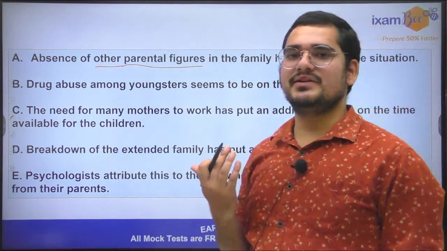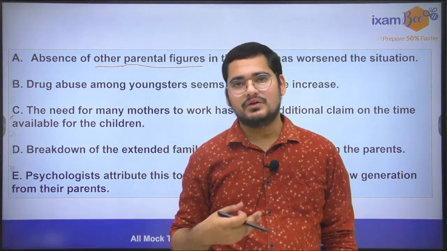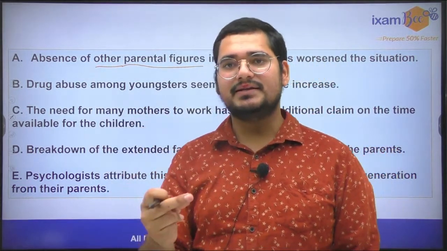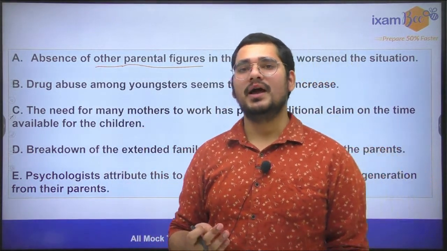क्योंकि जो parental figures हैं, जो बाकी parental figures हैं, like apart from your father and mother, जो बाकी parental figures हैं, जिनको आप parents की तरह देख सकते हैं, for example your uncle, your auntie, right?